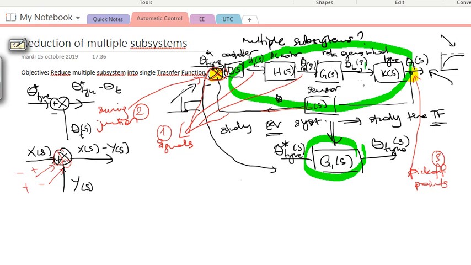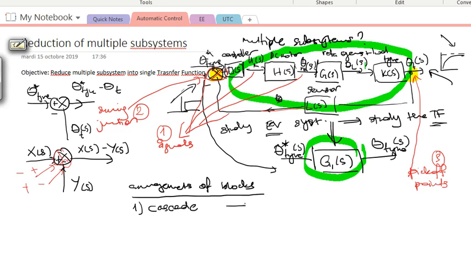Now we have to look at different types of arrangement of blocks. There are basically only three types of arrangements of blocks. The first one is what we call blocks arranged in cascade.